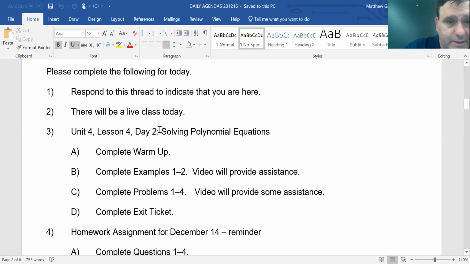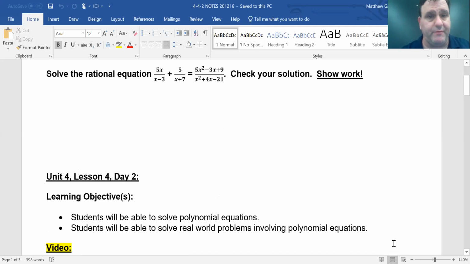This will be sent out ahead of time, so we will go through the warm-up and the examples on the video. Another example of a rational equation: here you want to remember to factor the denominator, which will enable you to come up with the least common multiple.